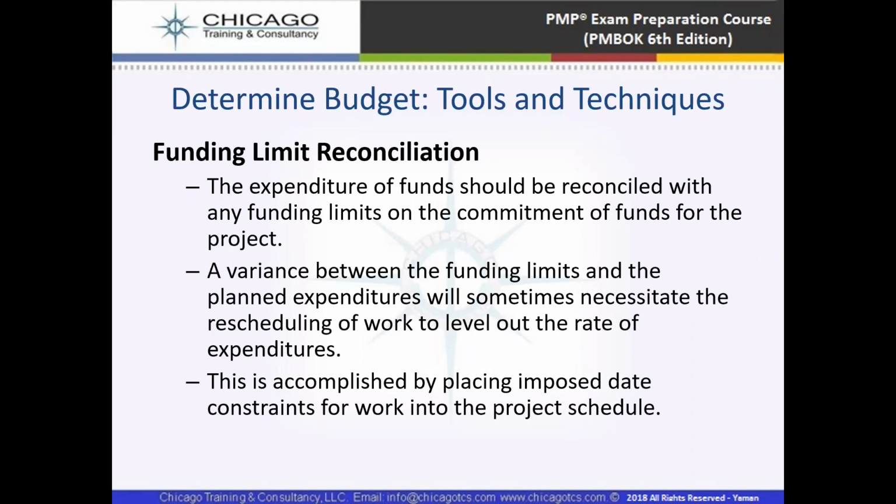Funding limitation means we have provided a document stating that on this particular day the direct investment will be no more and there will be funding for the project based on bank loans. So we have limited reconciliation here.